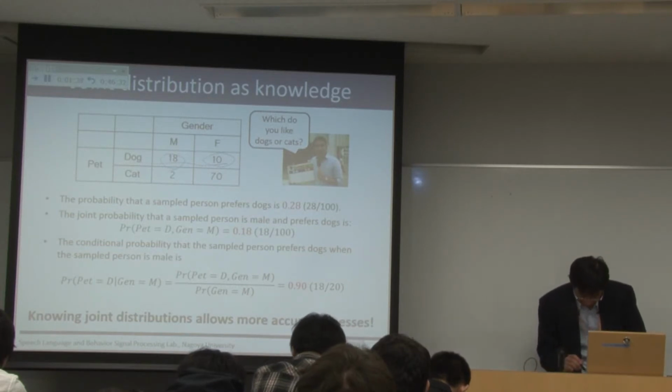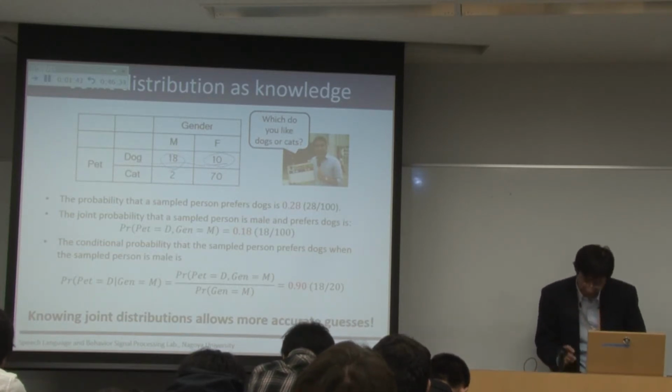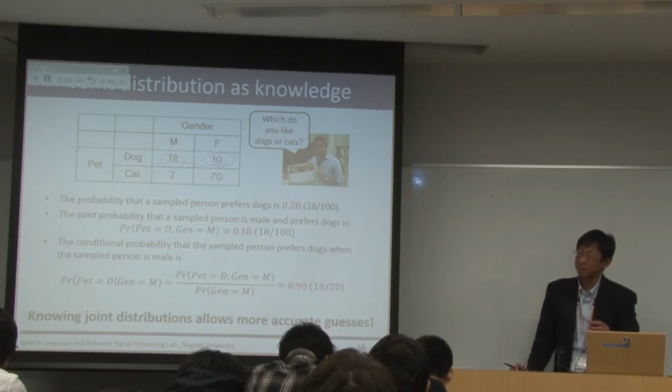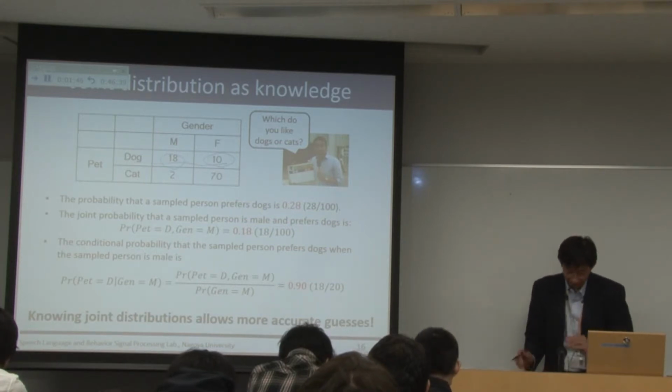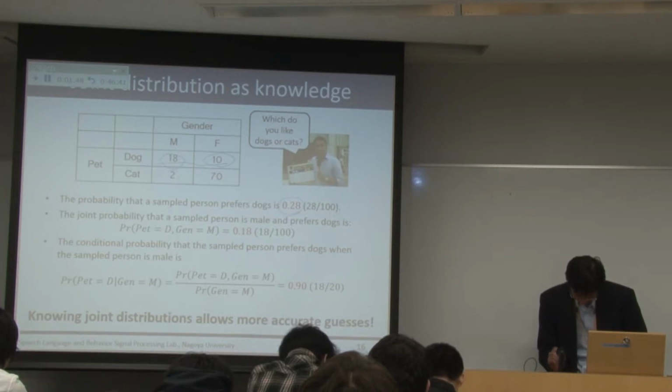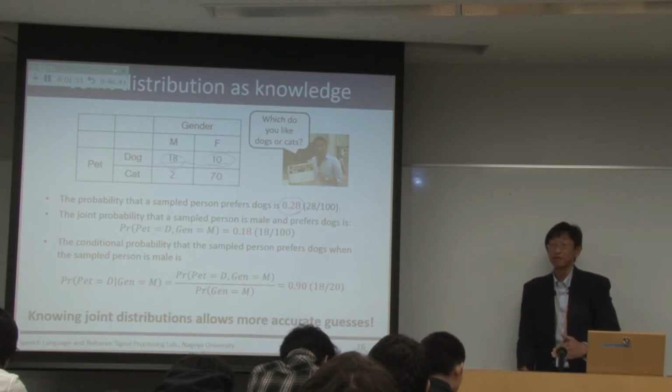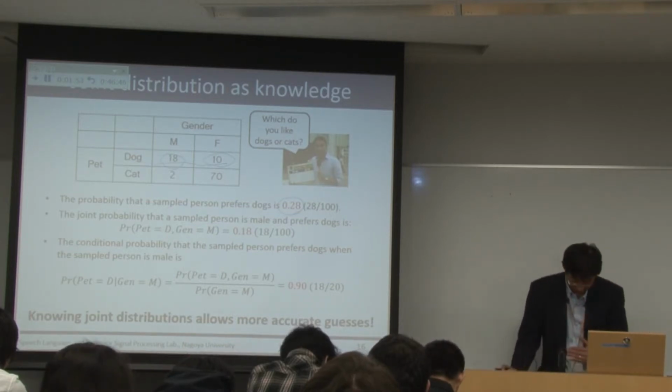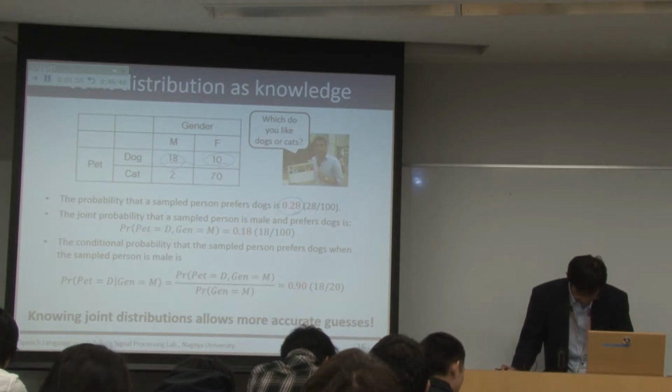So the statement here is that the person prefers dog, regardless of the gender of the person, is 0.28. This is known as the marginal distribution in terms of probability theory.